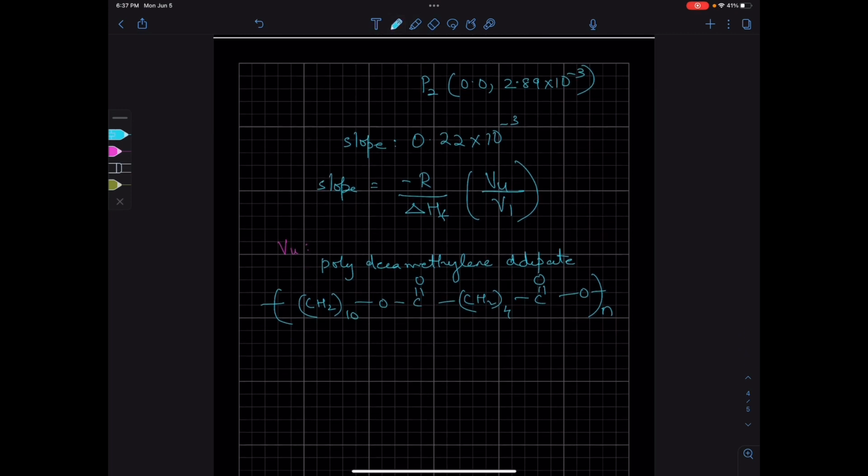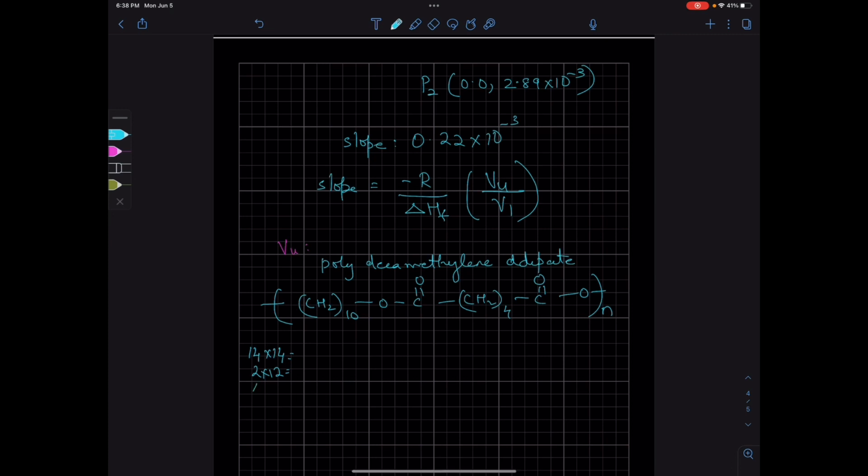Let's find out the molar mass of this. We have 14 methylene groups. Each methylene group is CH2, which is 14, so 14 times 14. And then there are 2 carbons, which is 2 times 12.